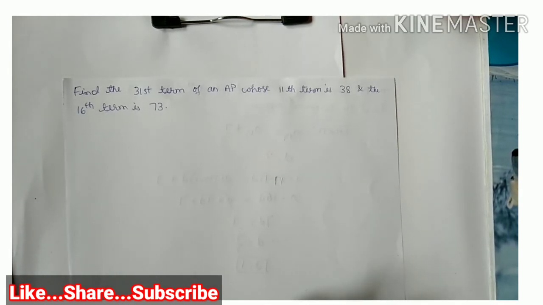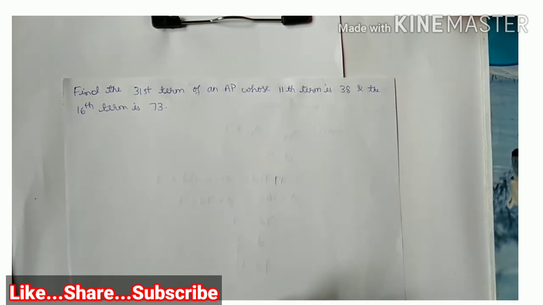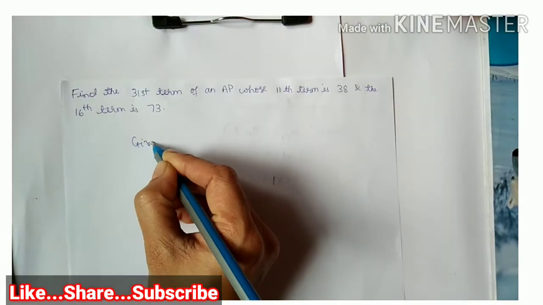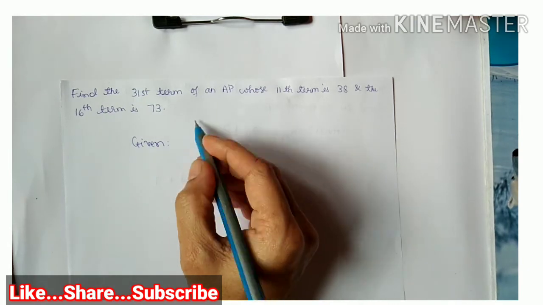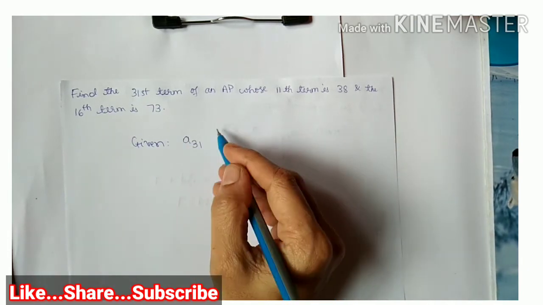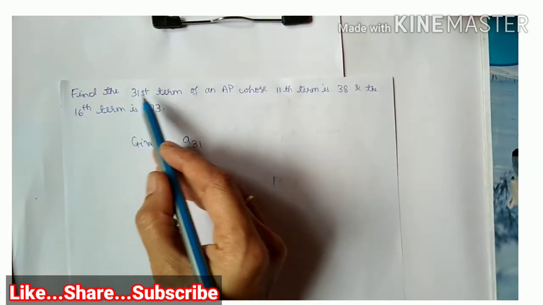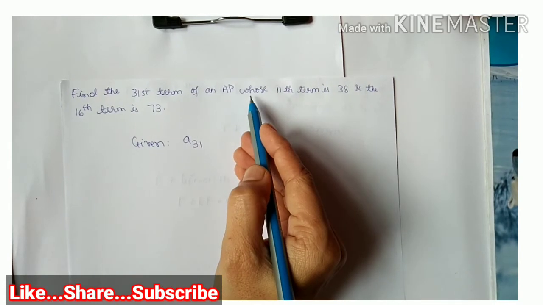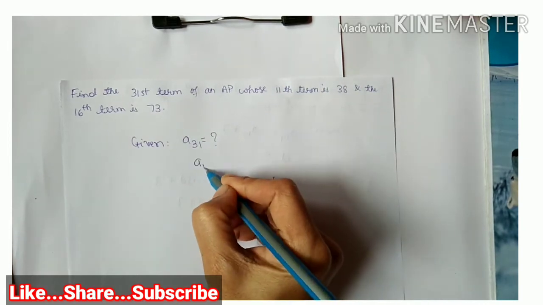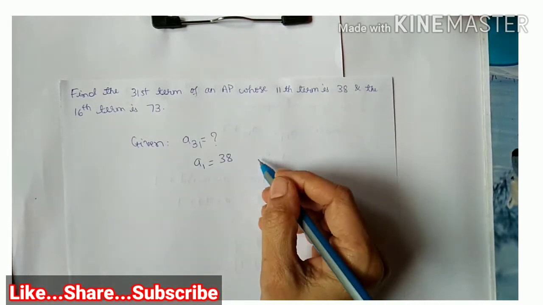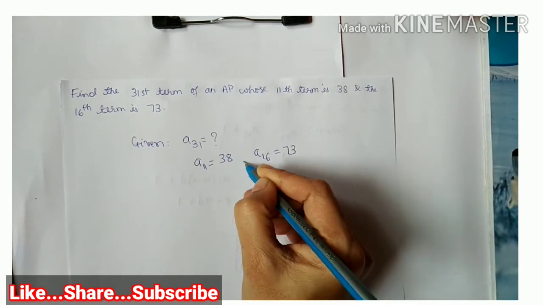Find the 31st term of an AP whose 11th term is 38 and the 16th term is 73. Given the 31st term a31 of an AP whose 11th term a11 is 38 and the 16th term is 73.